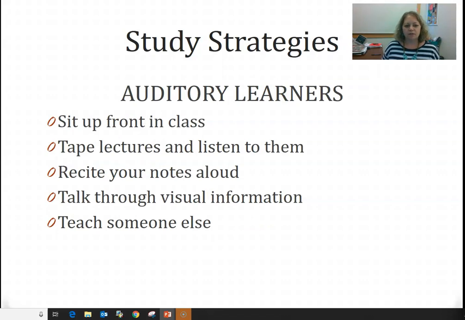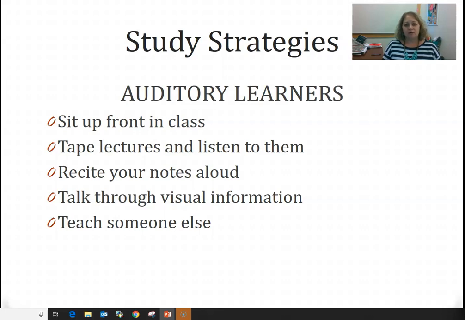All right, so auditory learners: sitting up front in the class, okay? And what we'll talk about eventually in listening skills is sitting in what's called the T-zone, so up front and down the middle, so that you can really focus in on what is being said. If you're in a traditional classroom, that is. If you're online, obviously, you're sitting up front. You can ask to tape lectures so that you could listen to them later, but you need to ask the instructor. Some instructors may say no, and you need to respect that.